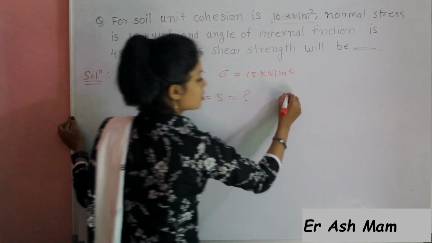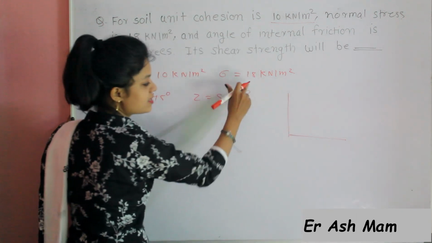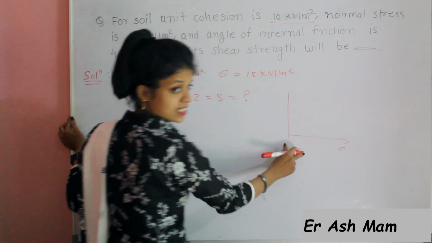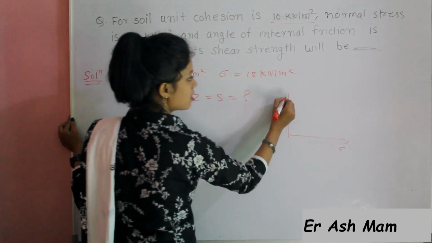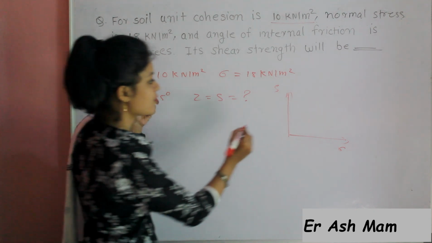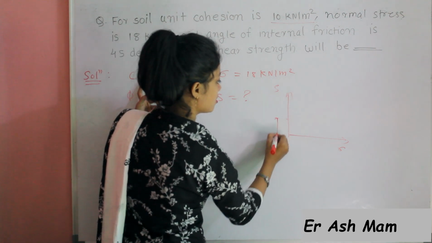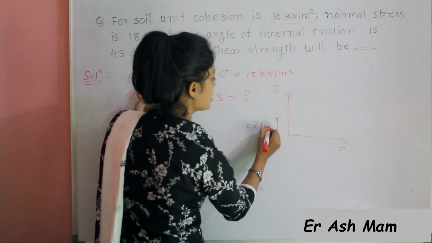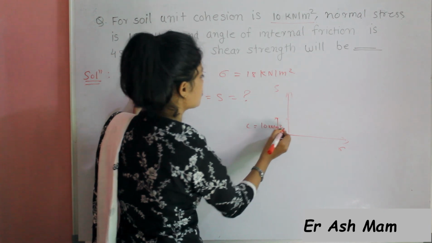We know that we plot normal stress sigma on the x-axis and shear stress S on the y-axis. Cohesion C starts from 10, C equal to 10 kN per meter square.